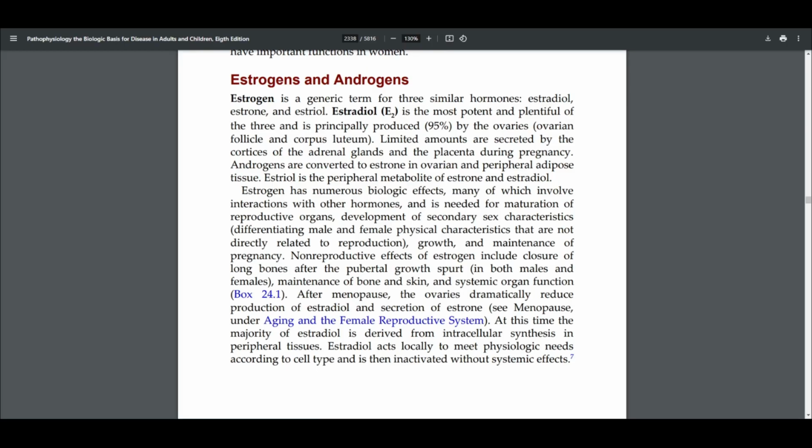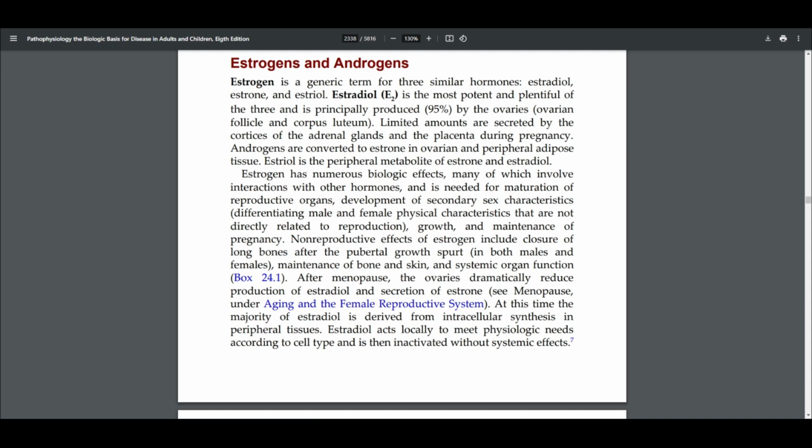Estrogen has numerous biologic effects, many of which involve interaction with other hormones, and is needed for maturation of reproductive organs, development of secondary sex characteristics, growth, and maintenance of pregnancy. Non-reproductive effects of estrogen include closure of long bones after pubertal growth spurts, maintenance of bone and skin, and systemic organ function.